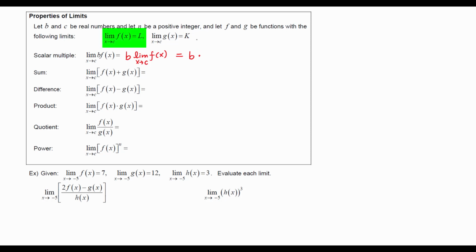We are assuming the limit of f of x as x approaches c equals a real number L. So since that limit is equal to L, the answer will be b times L.